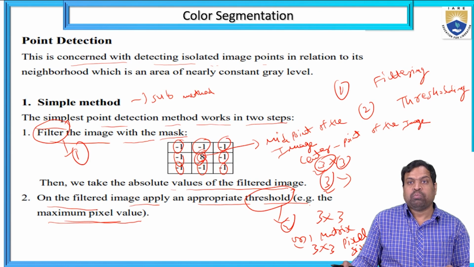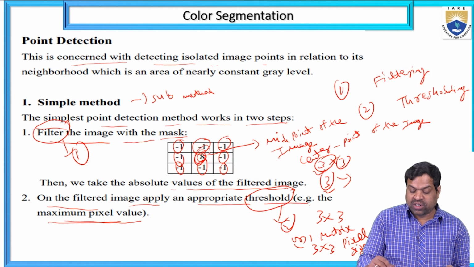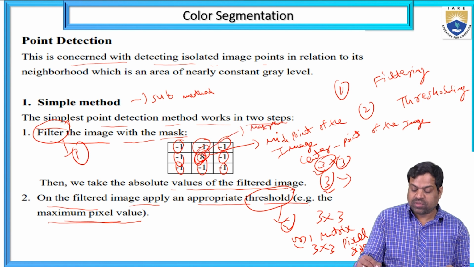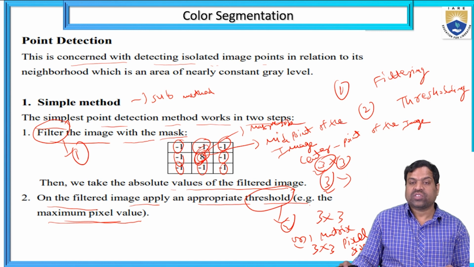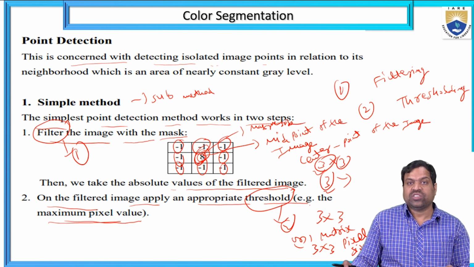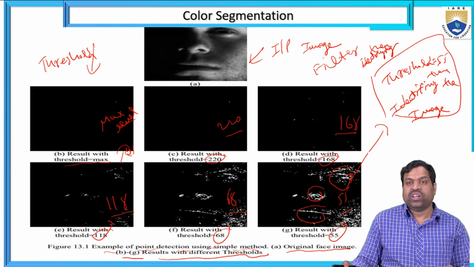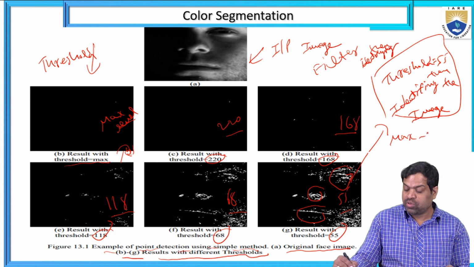So the first one is point detection. In point detection, the center point is the size of the matrix or the size of the image. It is a simple method, and one example is changing the threshold value from maximum to minimum values.